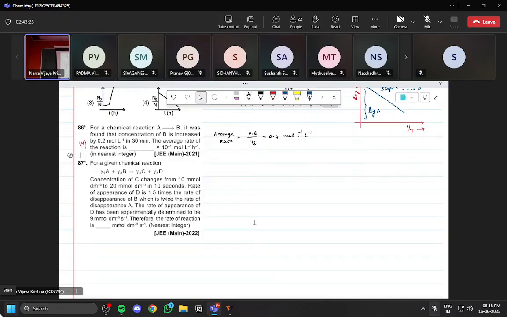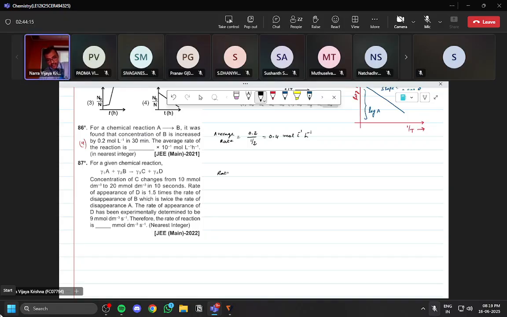Concentration of C changes from 10 to 20 in 10 seconds. Can I write the rate of reaction in this way?